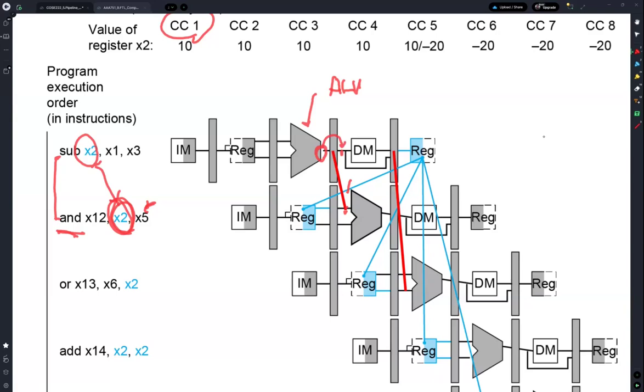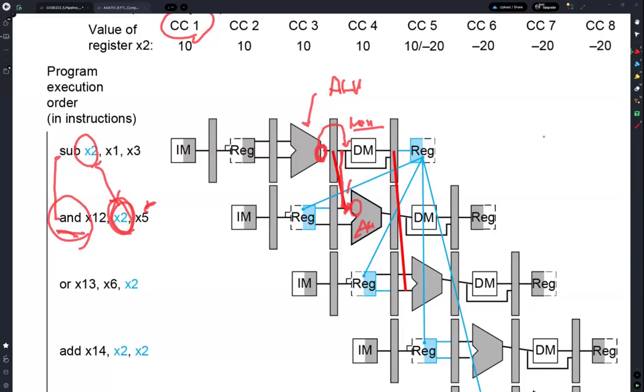On the rising edge of the clock, this generated data will be provided to the memory stage, and then the sub instruction is in the memory stage, right? So this data can be forwarded for the AND instruction, to the input of the ALU, right? So this is the data forwarding for the data dependency.